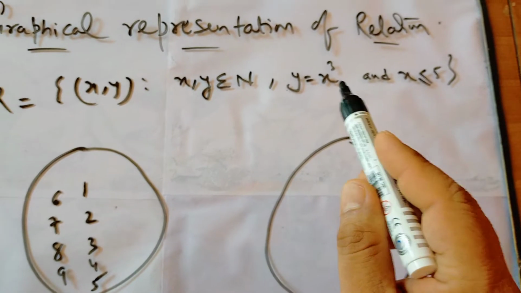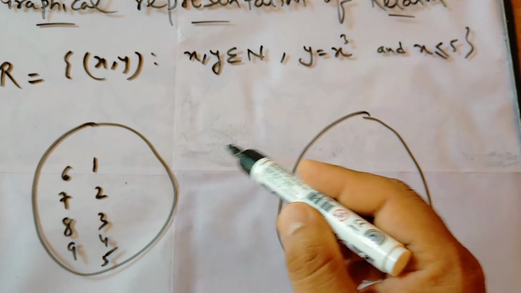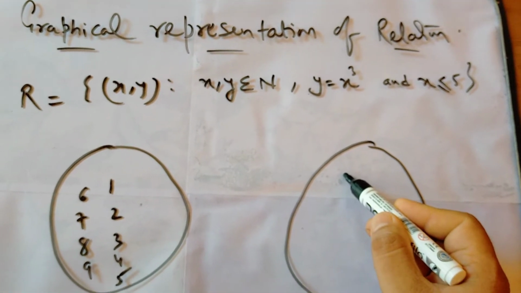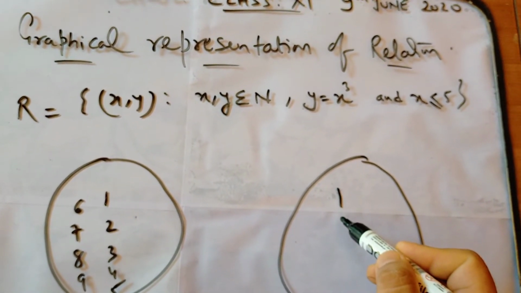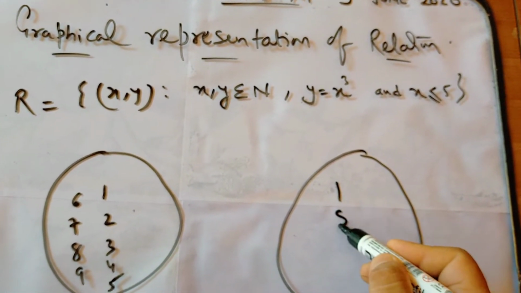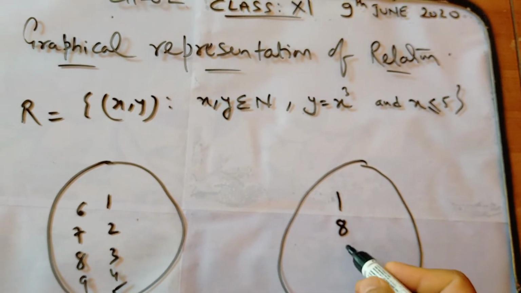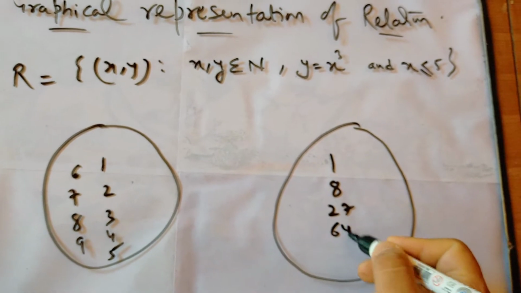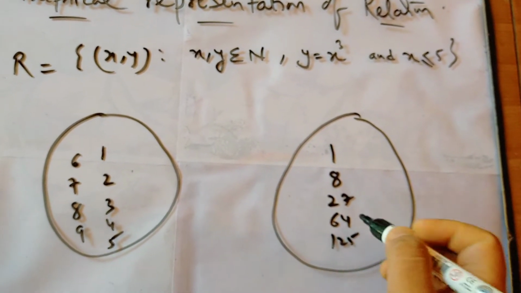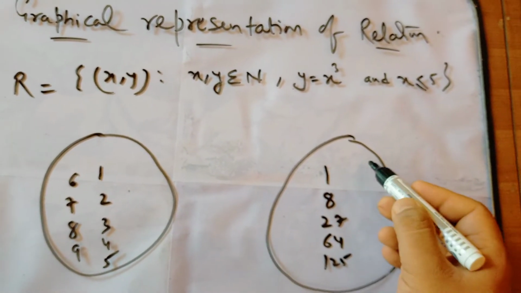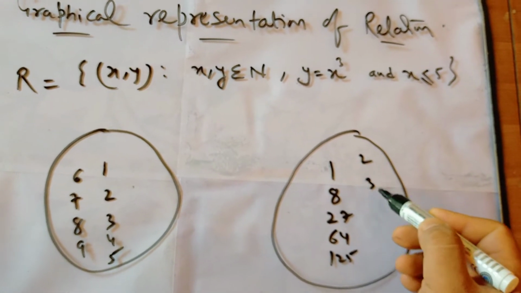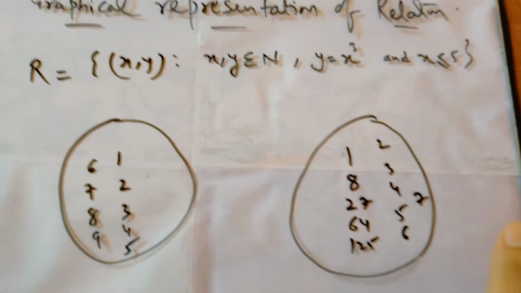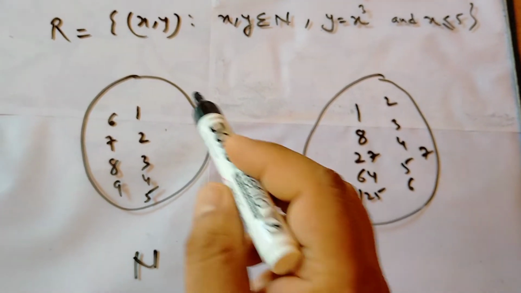Similarly, because y is x cubed, here y takes the values 1, 8, then 27, then 64, then 125. But we have other elements also, 2, 3, 4, 5, 6, 7 and so on. Now look here.